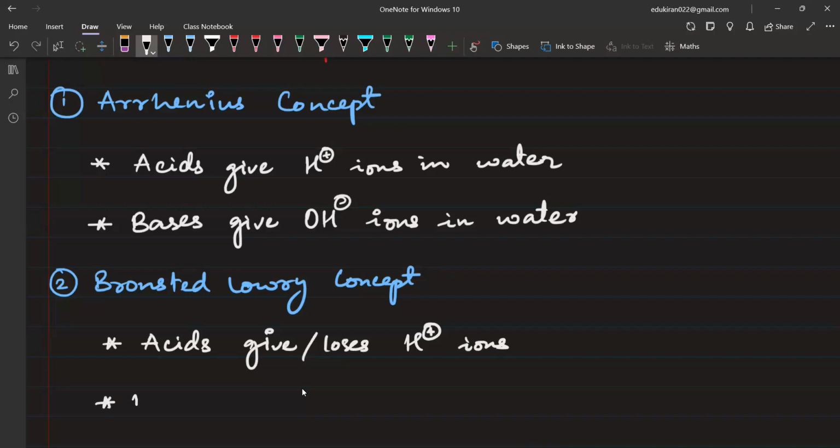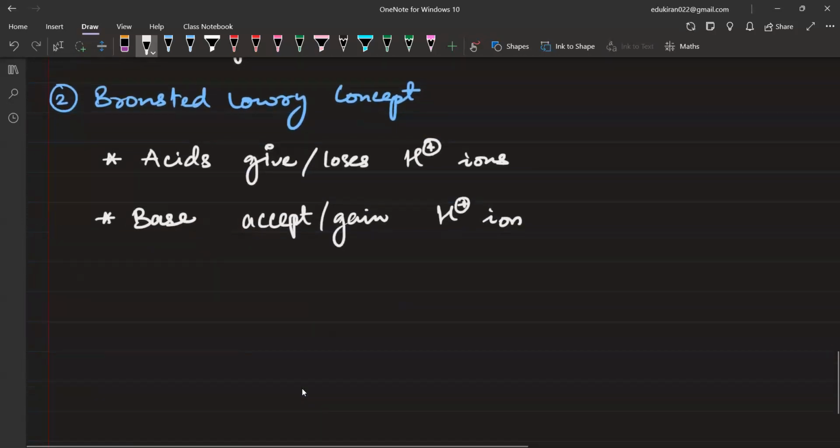And he said that a base is going to accept or gain H+ ions. On the basis of this Bronsted-Lowry concept, we have something known as conjugate acid base pairs.